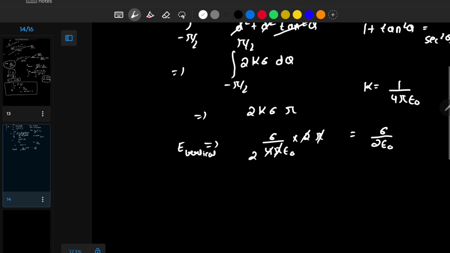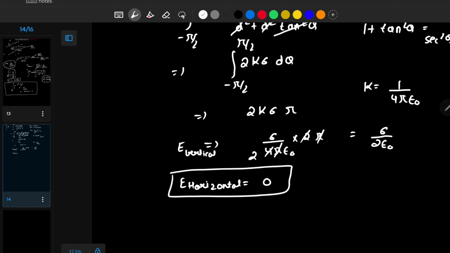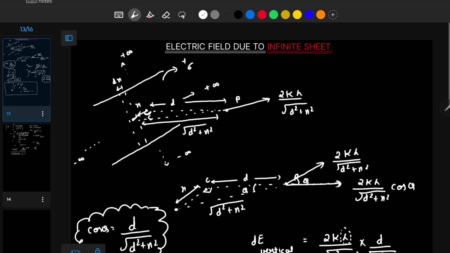What about the horizontal direction? It would be 0. The reason is quite simple. Suppose I have taken an element from the center in this direction. Its horizontal component is going to come out in this direction.